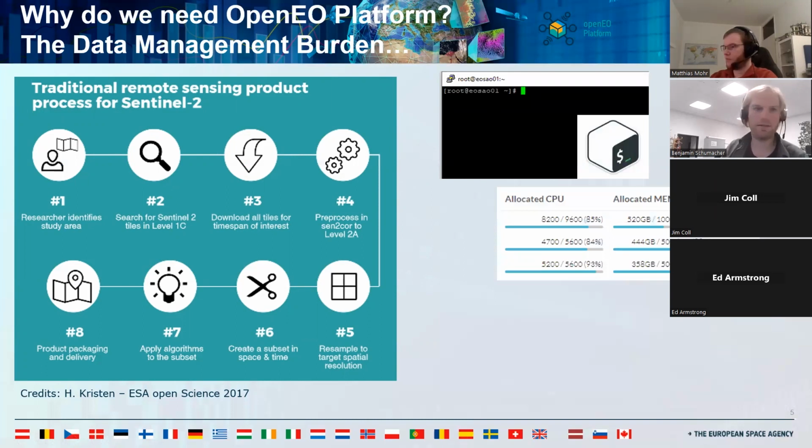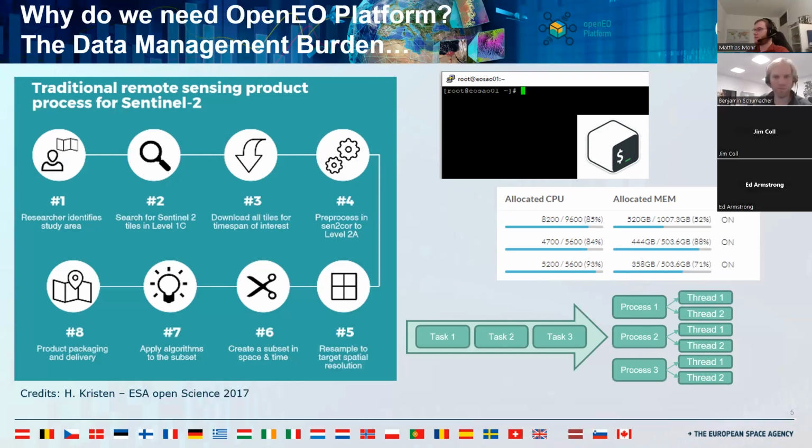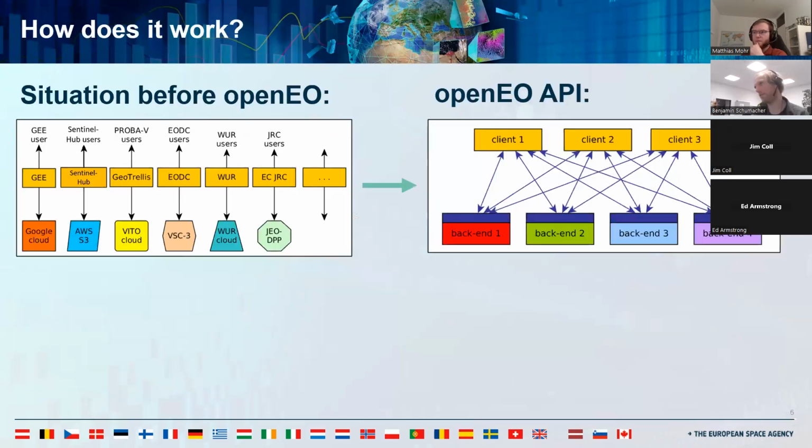And then at around step 7, when you apply your algorithms, you realize, oh sorry, my network storage is full. So you need to go again and request from your VM provider another bit of network storage to store your results. Well, in the end, openEO takes all this into account.